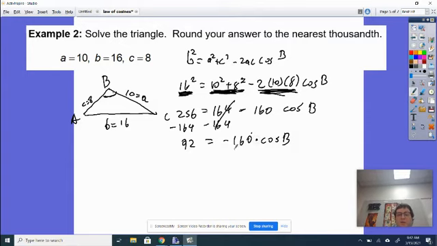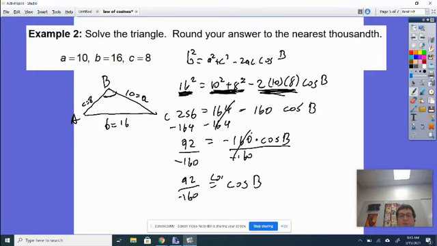And this is multiplication, so I'm going to divide. Now I know what you're thinking. Let's go ahead and divide that. Do not divide that. And then to get rid of cosine, we're going to use inverse cosine.